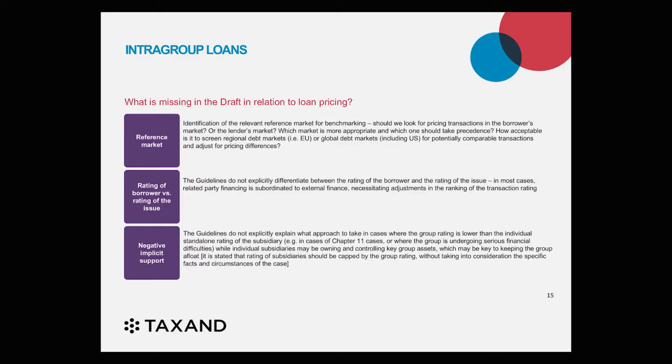Second, rating of the borrower versus rating of the issue. There has been a long discussion in the past. Okay, you have done your analysis, you know where to get to in terms of rating of the subsidiary. Now, what about the actual transaction? Is the rating on the transaction equivalent to the rating of the subsidiary?